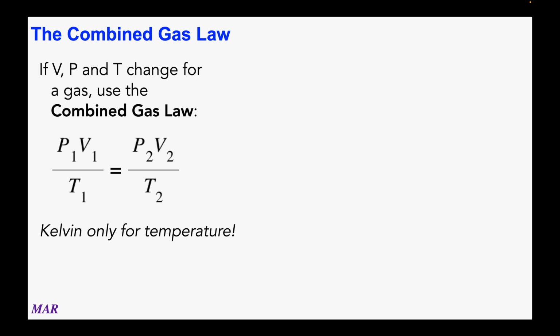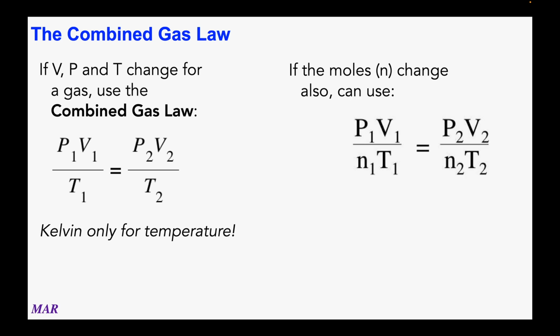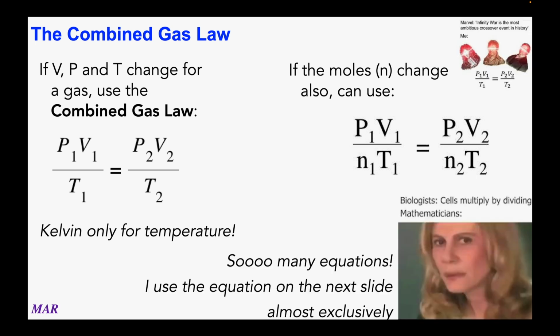Now, you must use Kelvin for temperatures, definitely, but this is a nice way when you have more than one type of gas unit that's being changed at one time. If you also have moles that change, then you can use P1 V1 over N1 T1 equals P2 V2 over N2 T2. So again, lots and lots of different perturbations here. Just depends on which one you actually use.